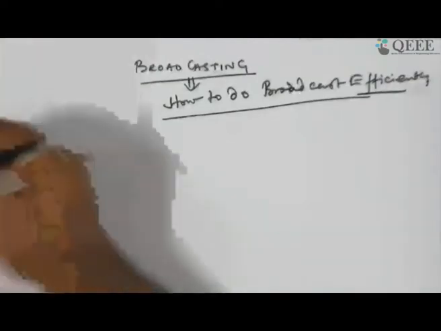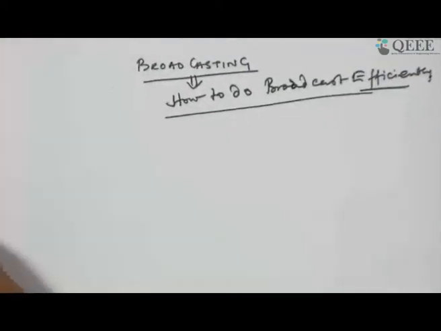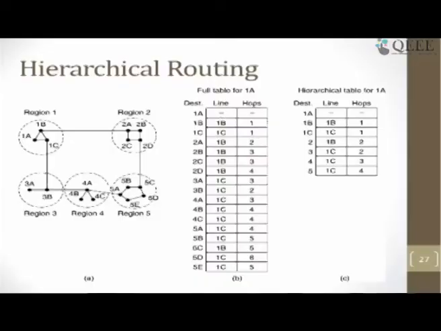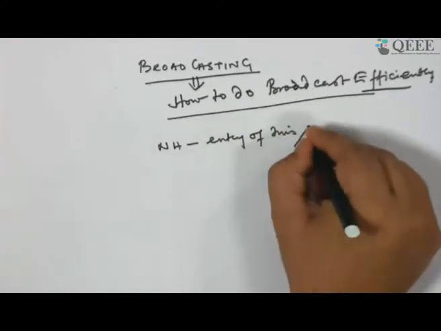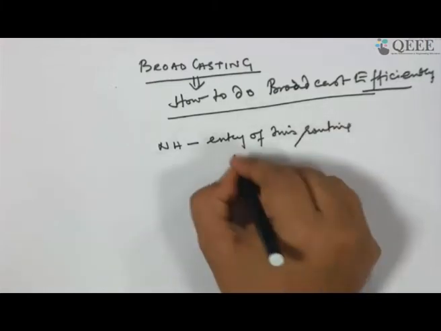Say I have a routing table. Sorry about this. Let me go back and just show you a routing table. So, this is a routing table. What are the entries of this routing table? Next hop entries. If I see the next hop entries of this routing table, they are 1B and 1C.